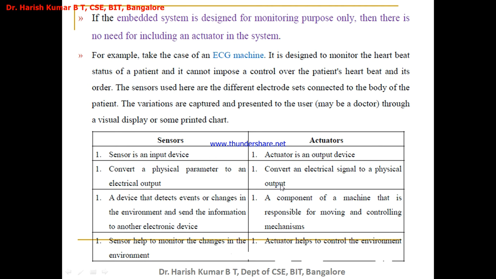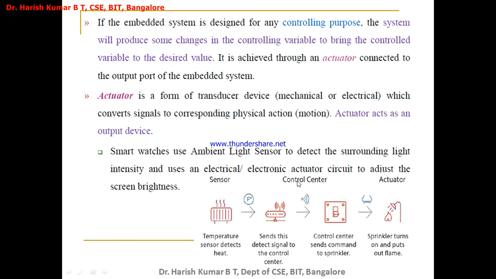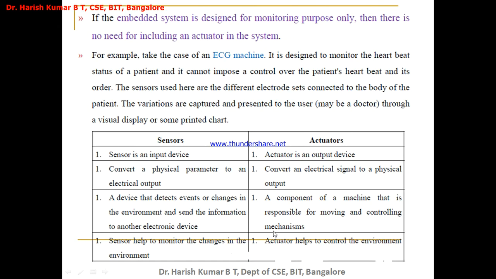Just as we understood in the previous example, once the light intensity is converted into an electrical signal, we have the actuator adjusting the screen brightness, and similarly the sprinkler turning on is again a physical action. So a sensor converts the physical parameter to electrical output, whereas an actuator converts the electrical signal into physical output.